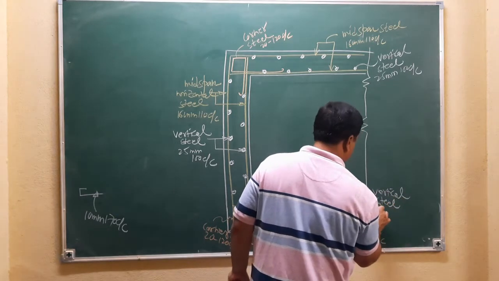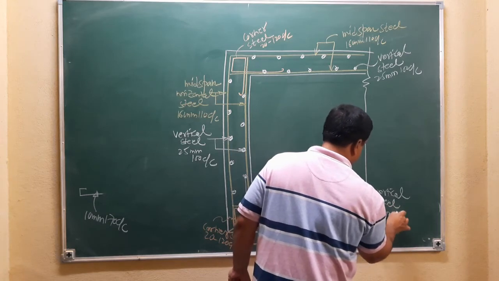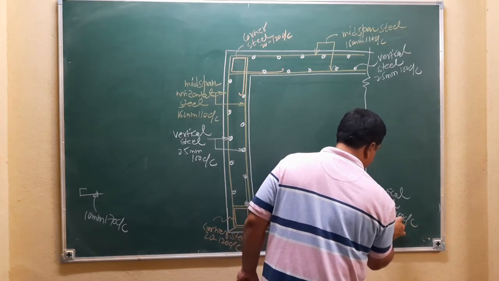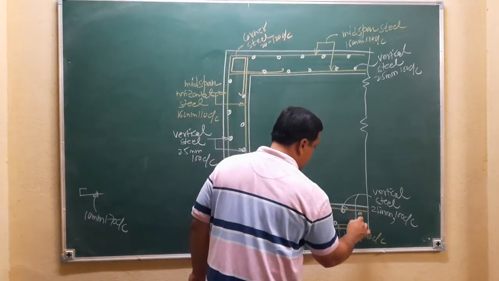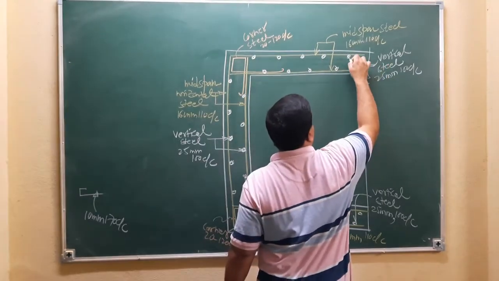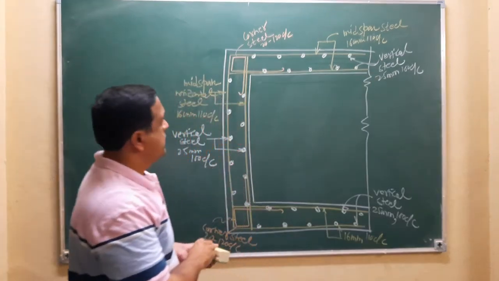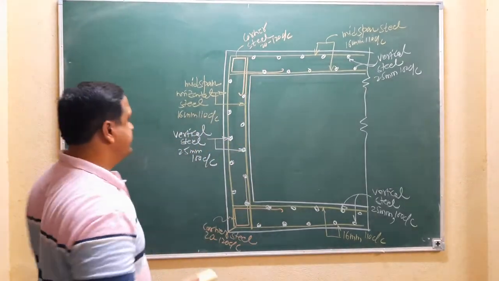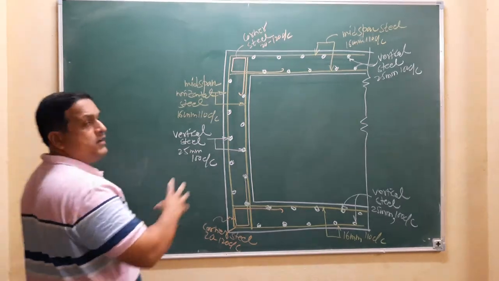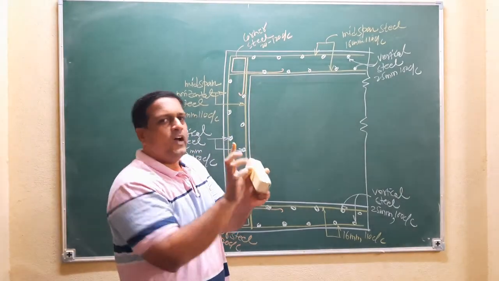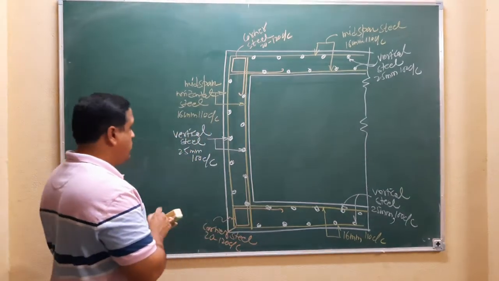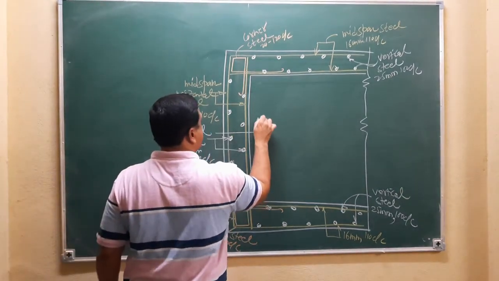Vertical steel, 25 mm diameter, 100 center to center. Both ways, this also and this also. So this is the plan. Corner steel is provided only in the form of a hook, at the corner only.